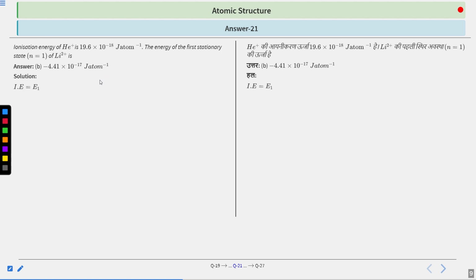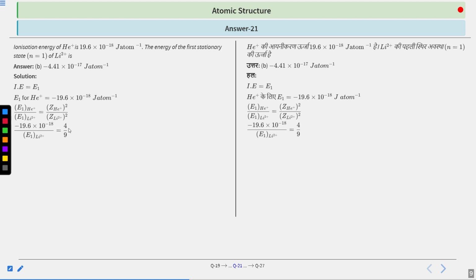Now again, we know that ionization energy is equal to E infinity minus E1. Since we have taken the electron out of the orbit, E infinity will be 0. And E1 for helium plus is already given, which is minus 19.6 into 10 to the power minus 18. Clear? Okay.